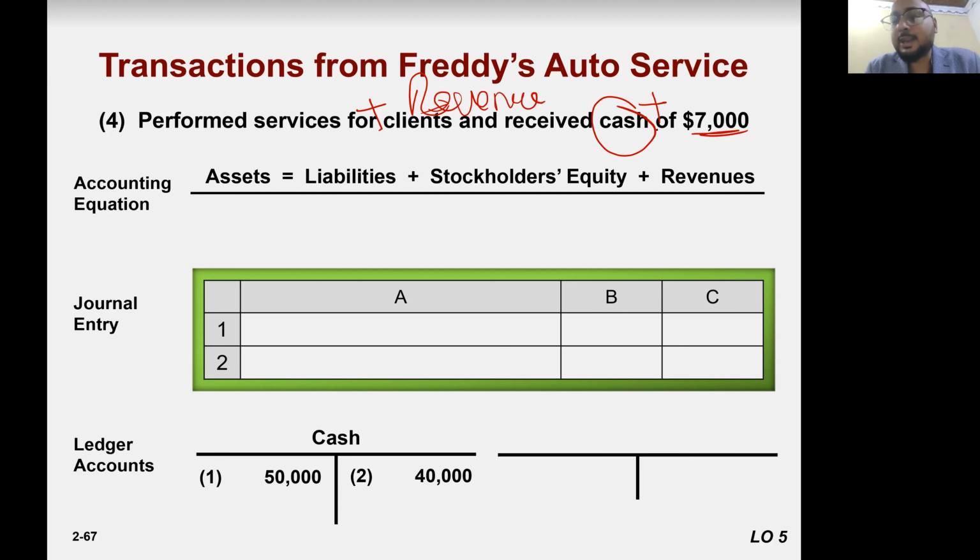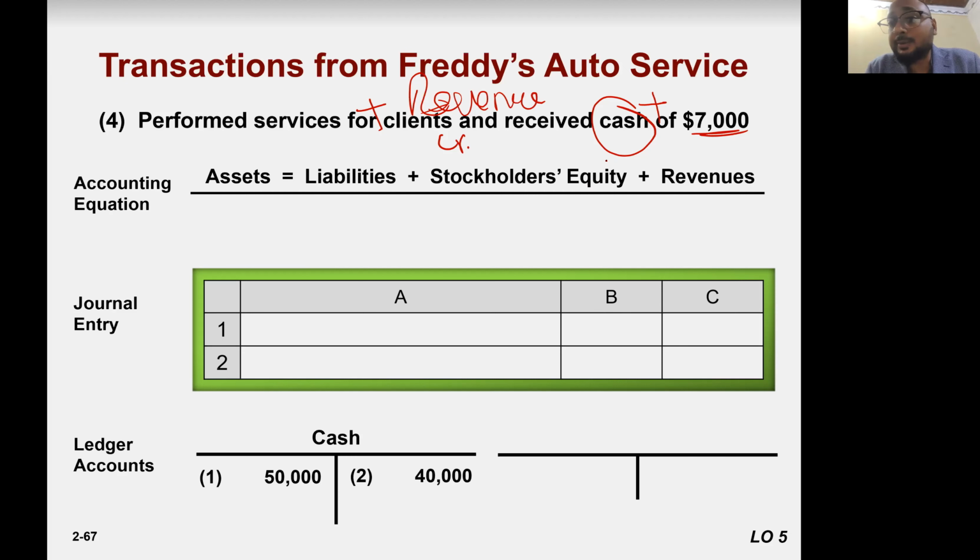So what is the entry? Revenue increase means debit or credit? Credit. Credit. Well done.